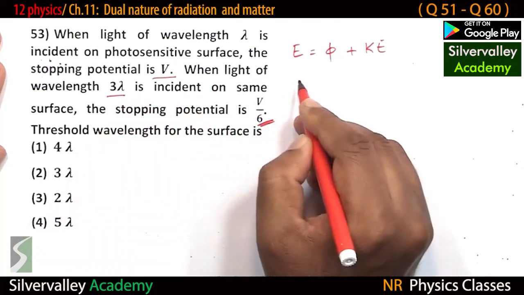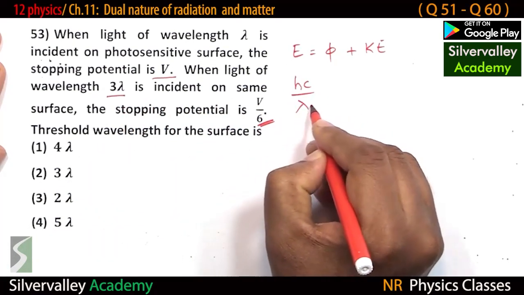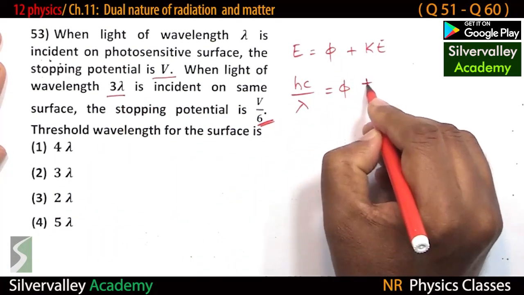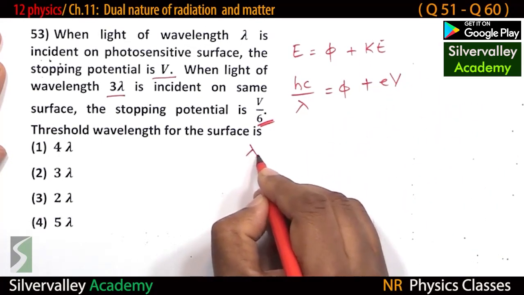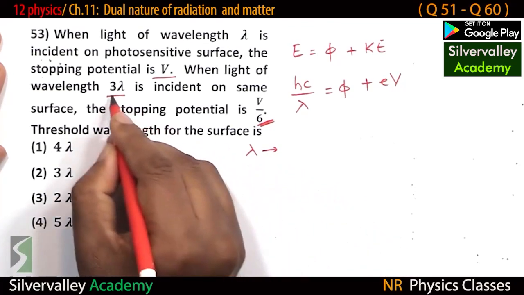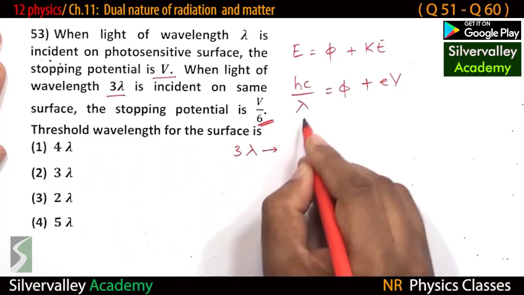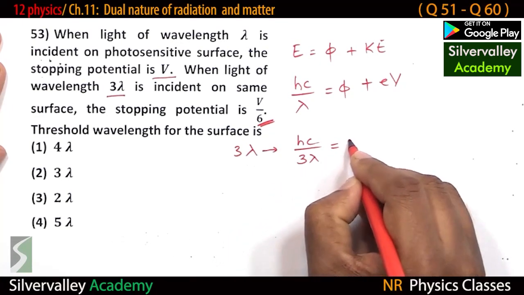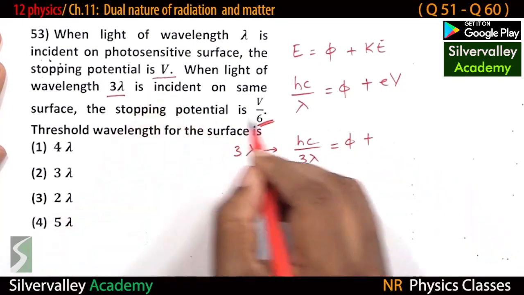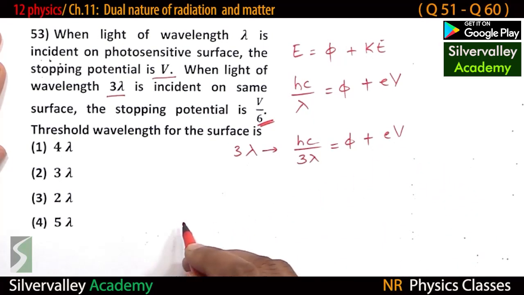E in terms of wavelength: hc by lambda equal to phi plus kinetic energy, which is EV. For 3 lambda, the equation becomes hc by 3 lambda equal to phi plus EV.